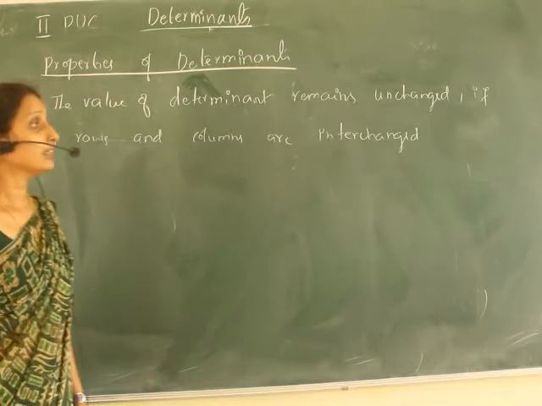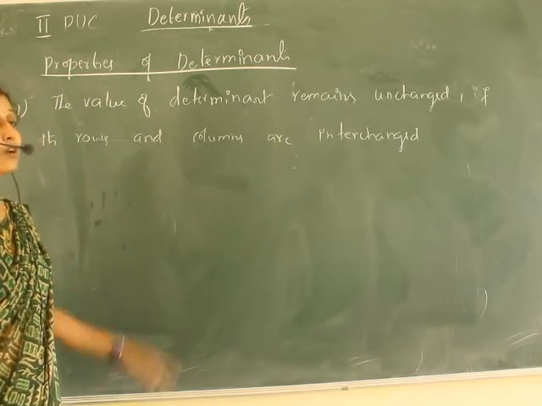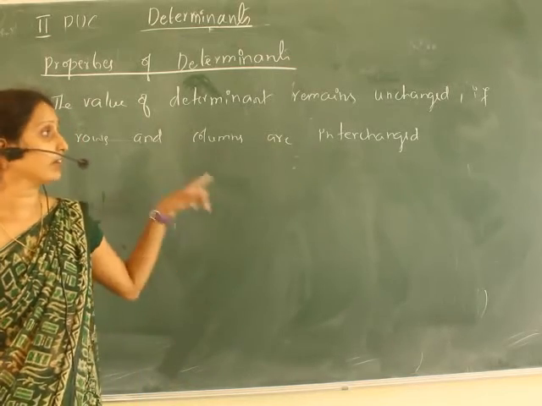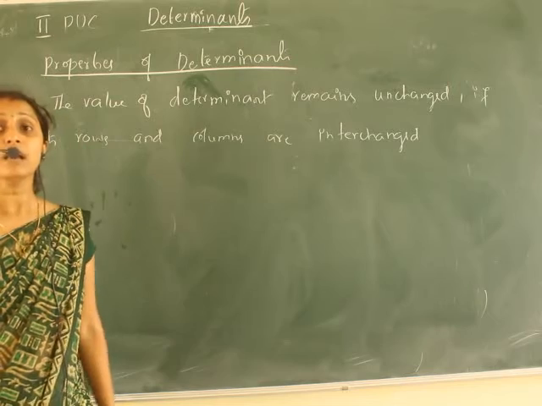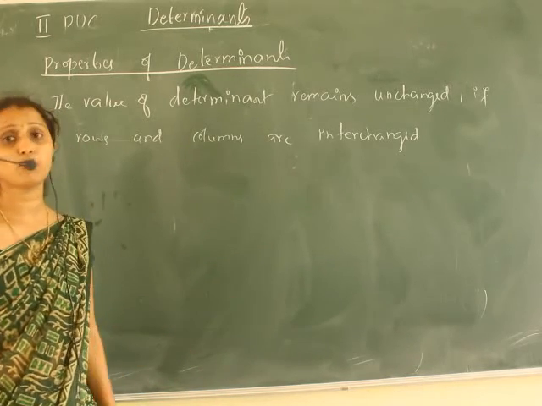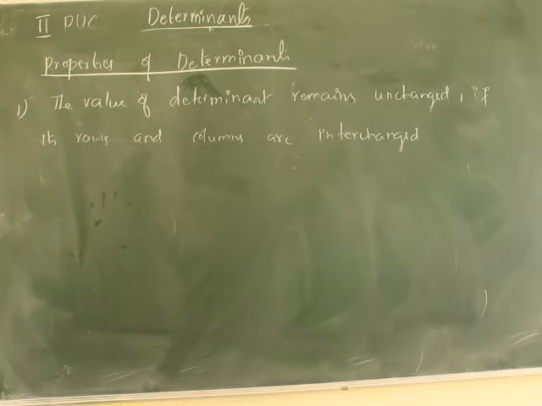That means the determinant of a given matrix, and interchanging rows and columns means what? That is the transpose of a matrix. So the determinant of a given matrix and the determinant of its transpose both have the same value. This is one of the properties of a determinant.